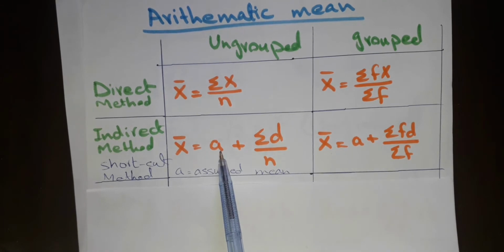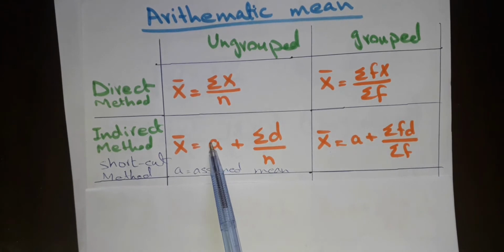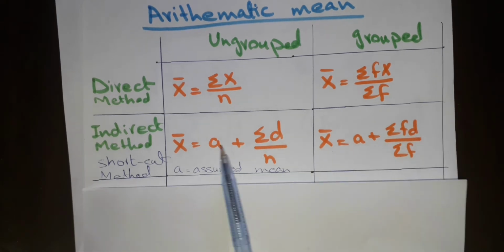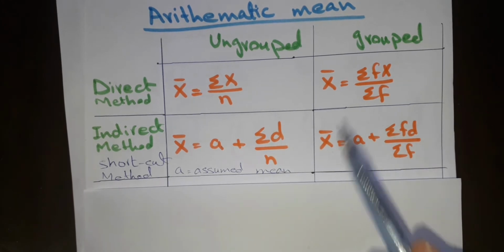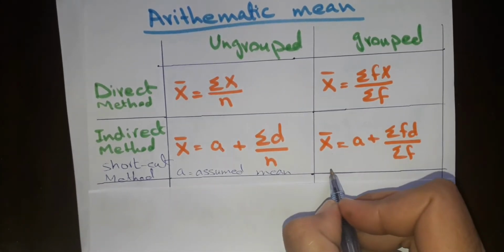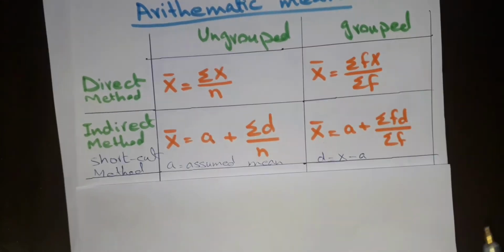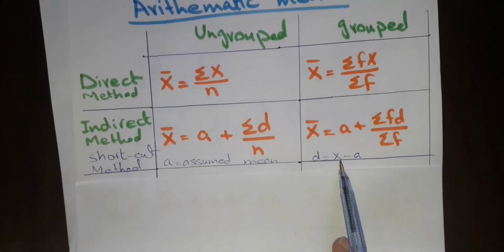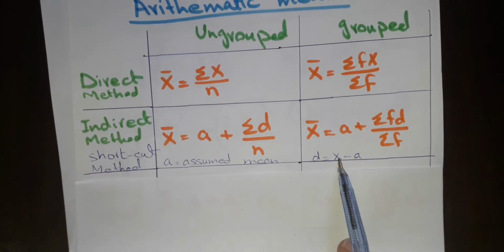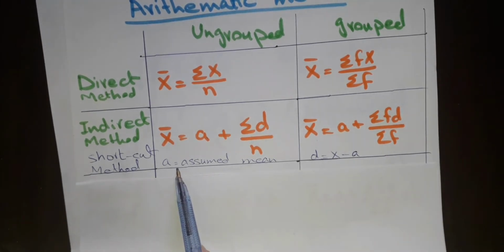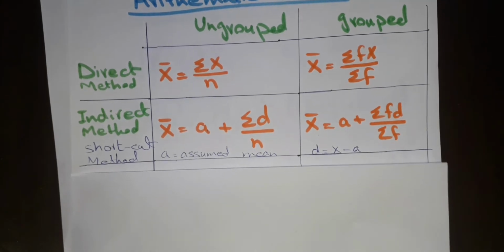We assume a single value from the x column. You will be more clear when I solve the question in front of you. And what is d? D is deviation, x minus a. We make the column of d by subtracting a from the x column. A is the assumed mean that we assumed ourselves.